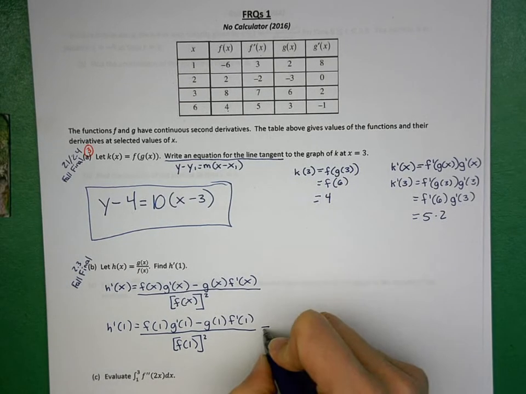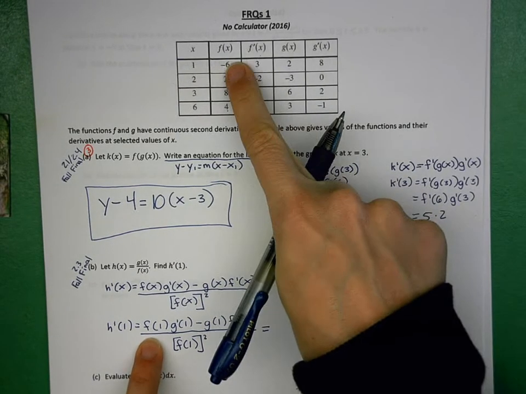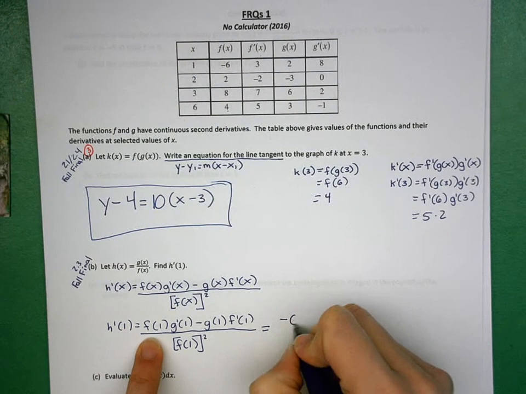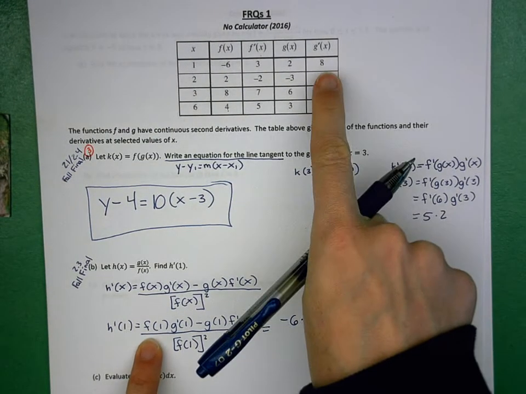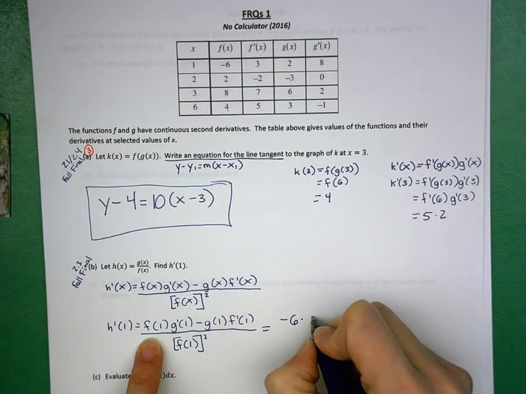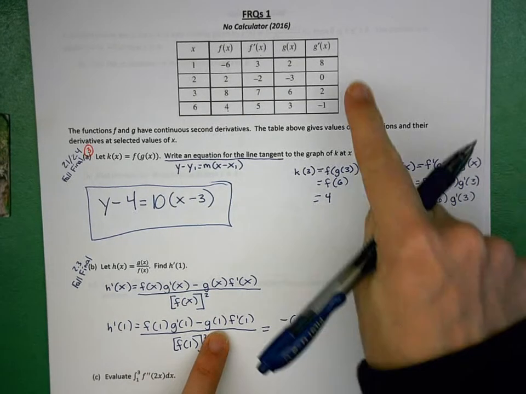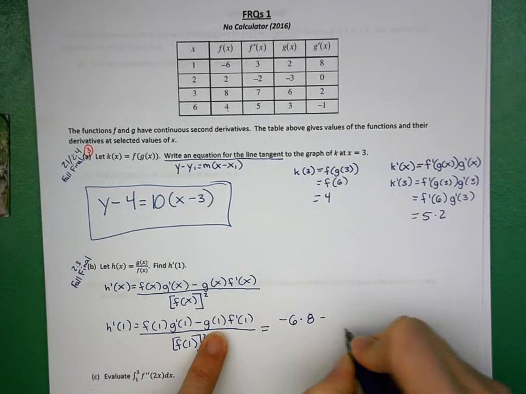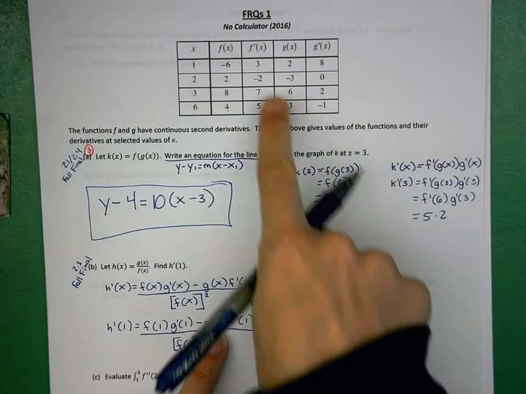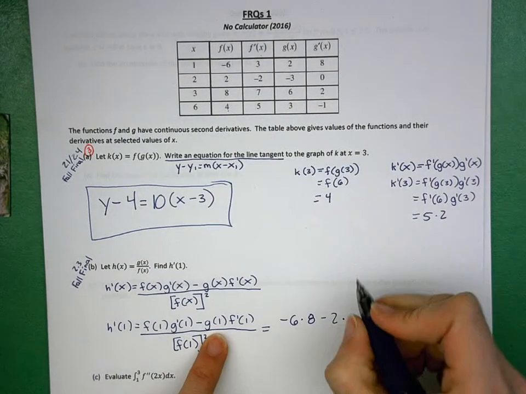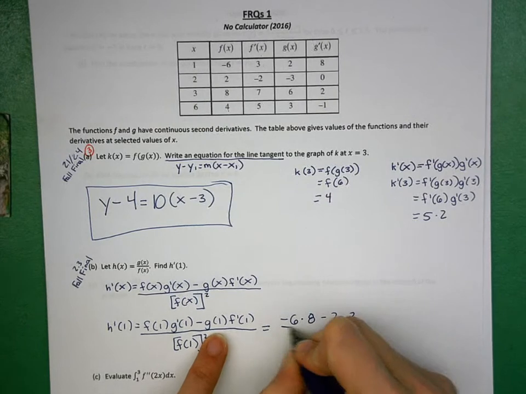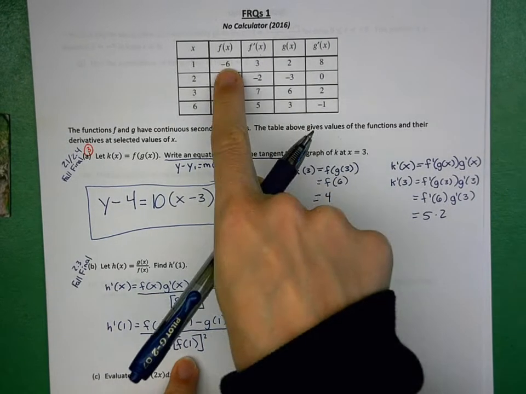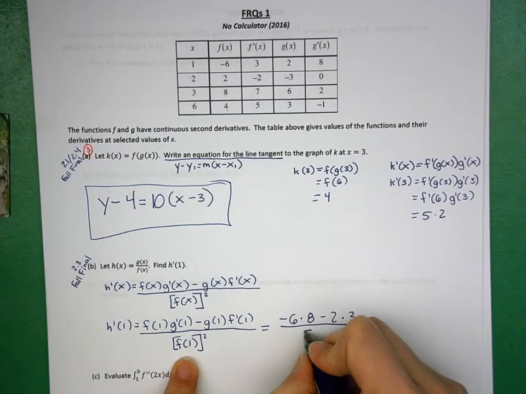Okay, and then pulling out our values, f of 1 in this particular case is negative 6, g prime of 1 is 8, minus g of 1, which is 2, times f prime of 1, which is 3, all over f of 1, which is negative 6 squared.